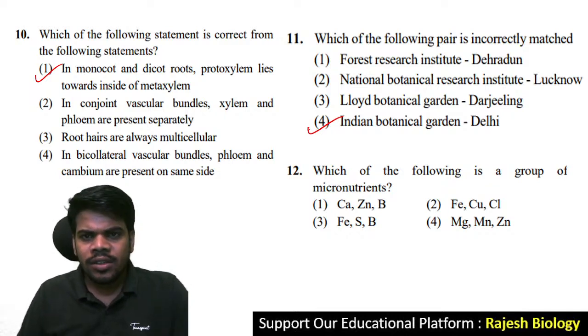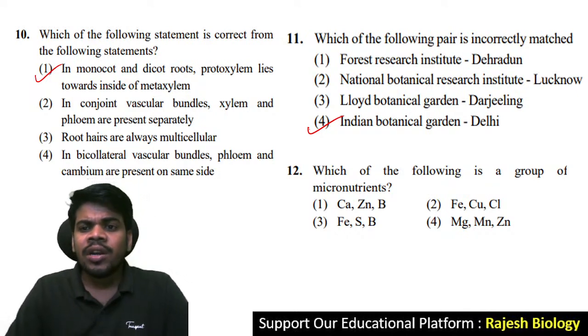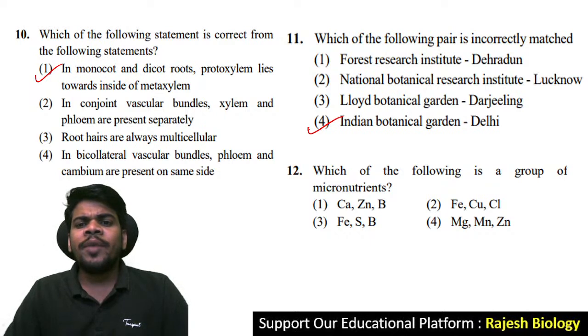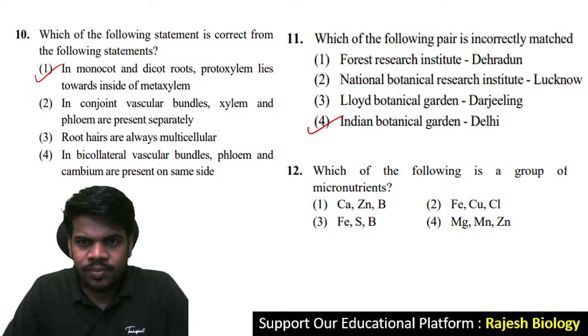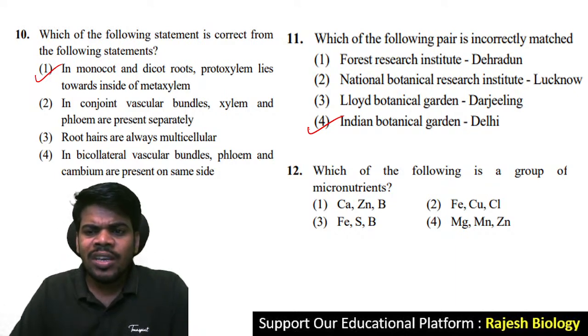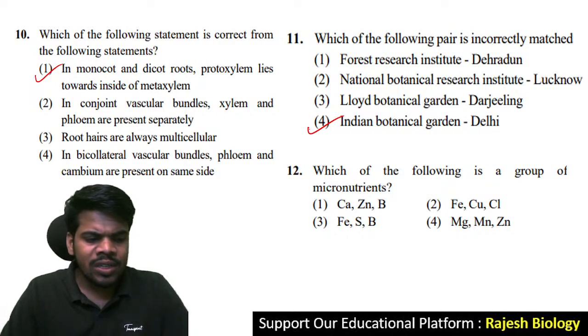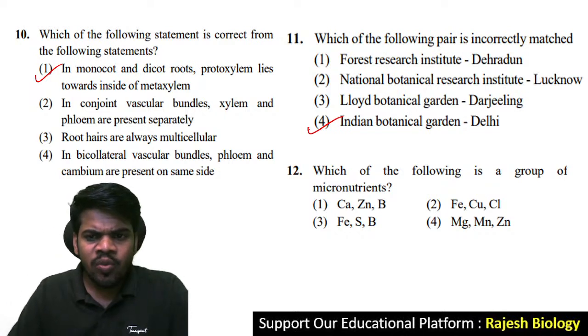The remaining are correct: Forest Research Institute, Dehradun, National Botanical Research Institute, Lucknow, Lloyd Botanical Garden, Darjeeling. Next, 12th question. Which of the following is a group of micronutrients?